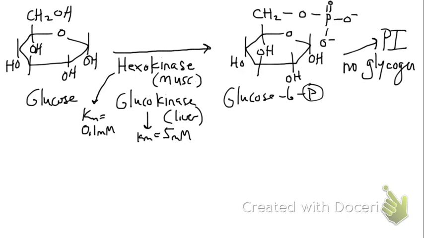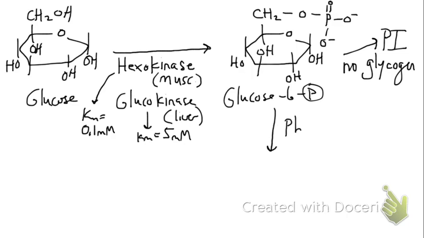If a cell, like the liver or the muscle, can perform glycogen synthesis, glucose 6-phosphate then goes into glycogen synthesis. We're not going to talk about glycogen synthesis because it's a little bit different than glycogen metabolism, but just know that glucose 6-phosphate can either go into glycolysis, which is what we're going to talk about now, or it can go into glycogen synthesis.